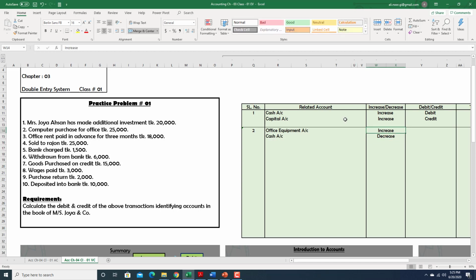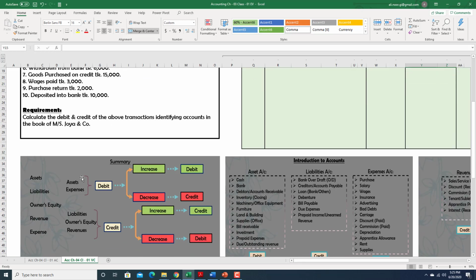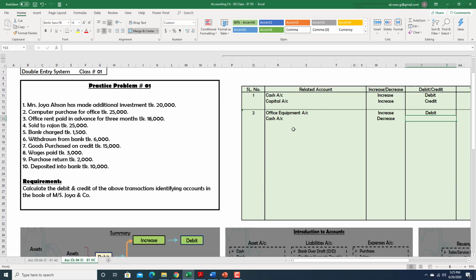Right. Then since asset account named office equipment increased, so we have to write here debit. And since any asset account when decreased, we have to write credit, so cash account decreased, so we will write here credit.